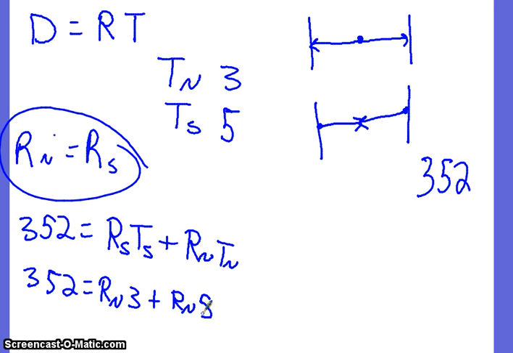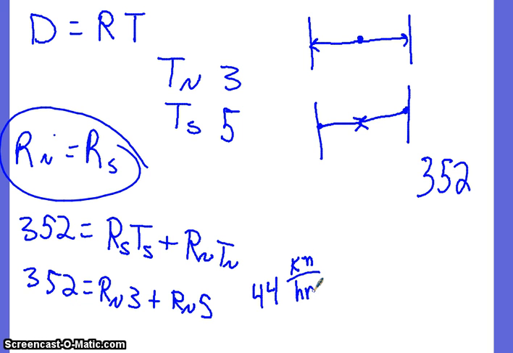Substitute the time. So 5RN plus 3RN is 8RN. And 352 divided by 8 is 44. And because I had originally said we were dealing with kilometers, that's 44 kilometers per hour.